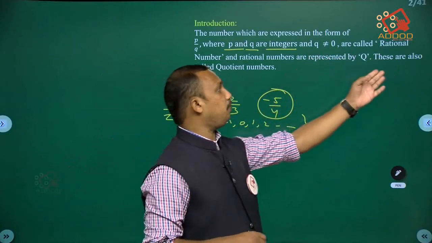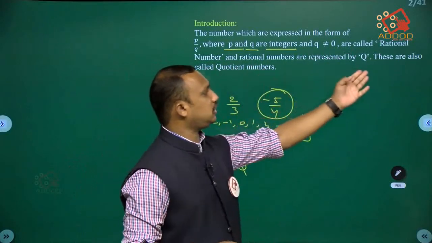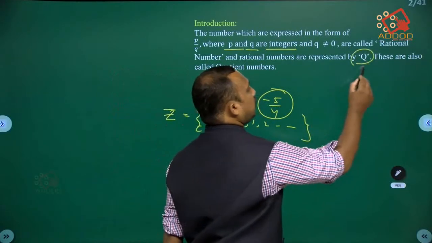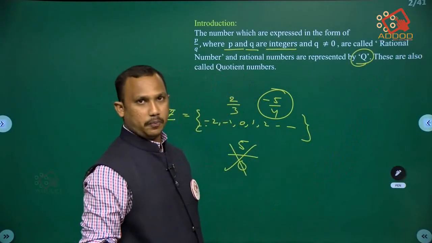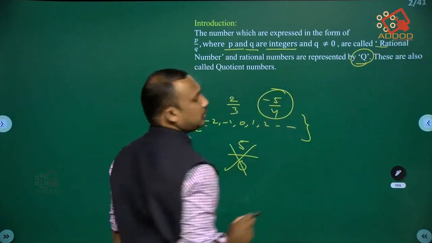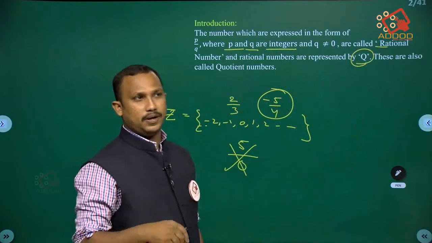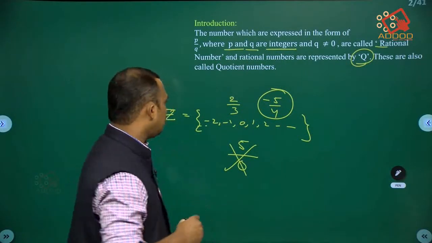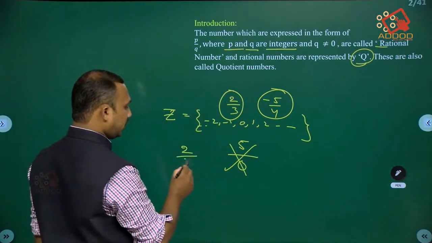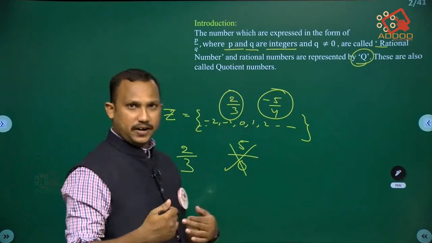These are called rational numbers. The other name of a rational number is quotient number. Actually, the set of rational numbers is denoted with capital Q. Why? Because in the word rational the starting letter is capital R, so we could denote it with capital R, but it's not. Why? Because when you do 2 by 3, it means 2 is divided by 3.